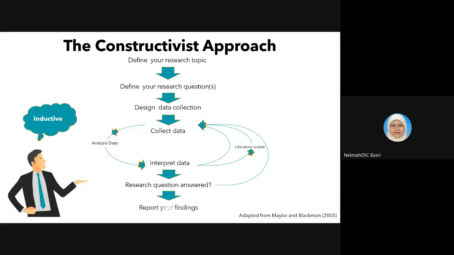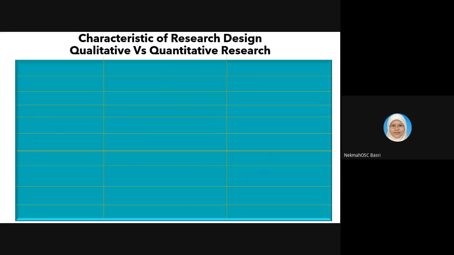Then finally we report our findings, and also we look back at our literature review to see whether it is answered or not. This is adapted from Maylor and Blackmon 2005.